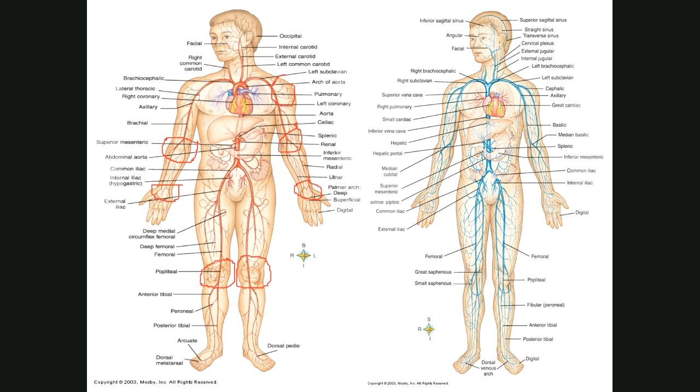All these are anastomosis. Now you understood what anastomosis is. It is a connection between the arteries. Here also arteries are there, here also arteries are there. This is clear here. Okay, so now what happens?